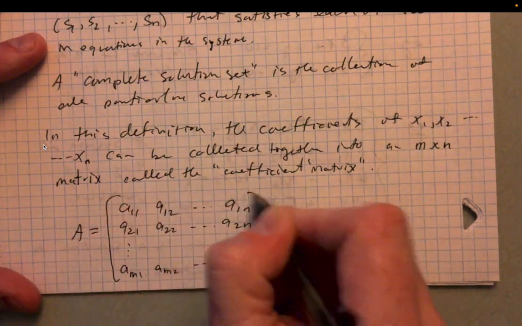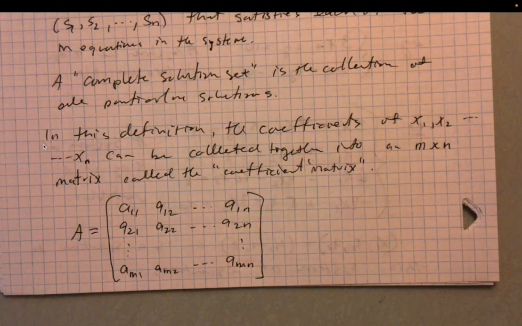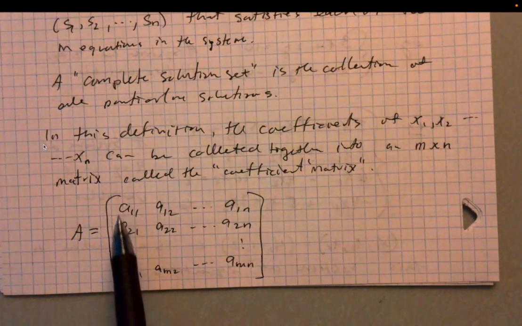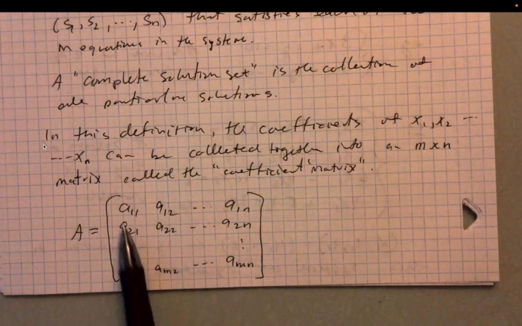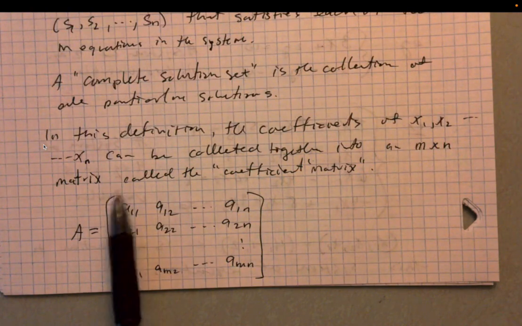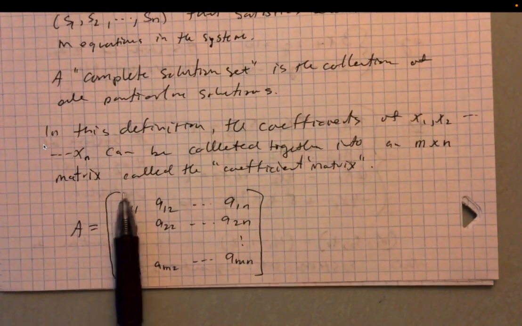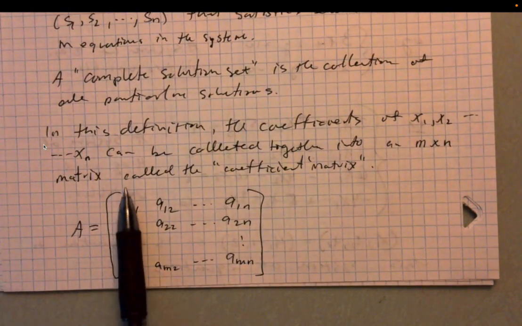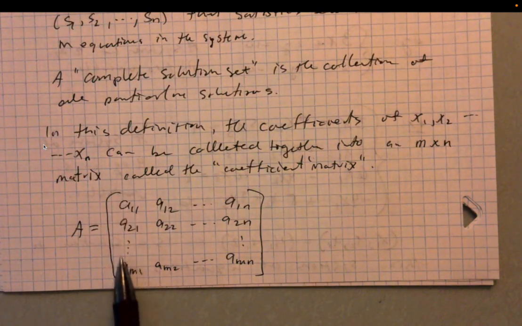And so this is just a matrix that disregards the variables and the constants, and just loads into it the coefficients, right? You can tell which variables go with which coefficients based on position. These are all the coefficients for the x1 variable.